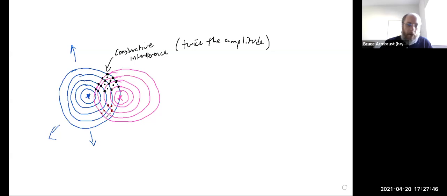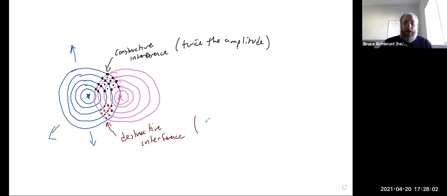So I can do a whole bunch here. So these are going to get destructive interference. And here you're going to get no wave. They cancel each other out entirely.